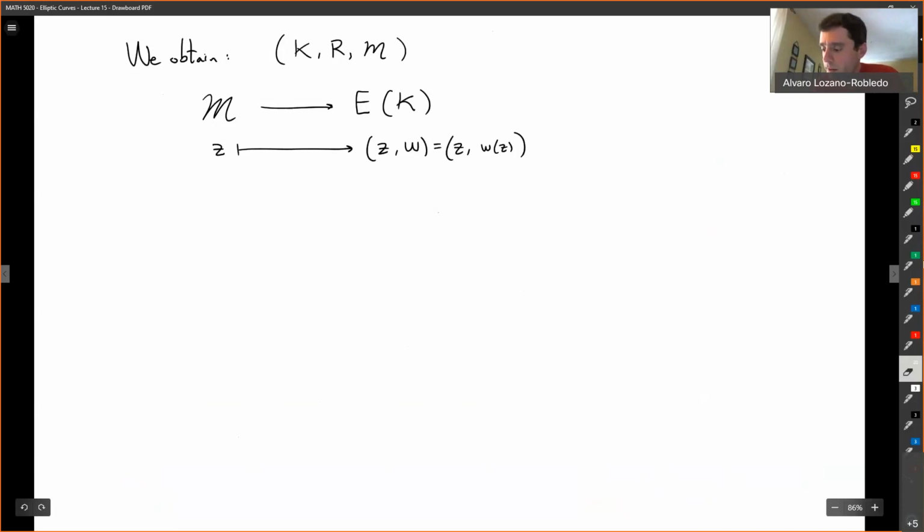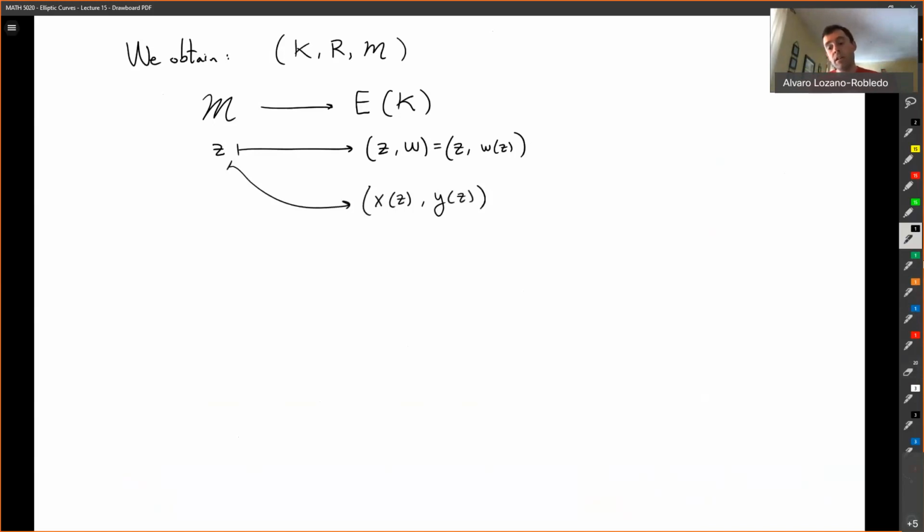Or if you want, in those coordinates, we can sort of forget about the ZW plane already, and what we're getting is points X and Y. For every Z in the maximal ideal, I get a point like that.